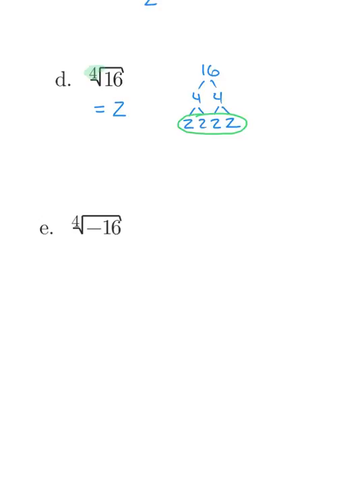Now what if we have a negative number inside our fourth root? Just like with square roots, because 4 is an even number, I cannot take the fourth root of a negative number. This is not a real solution.